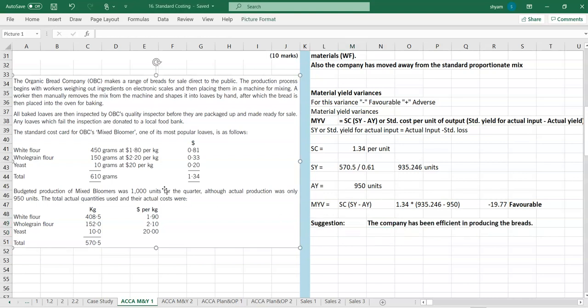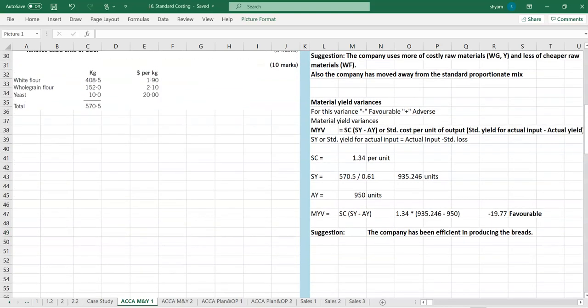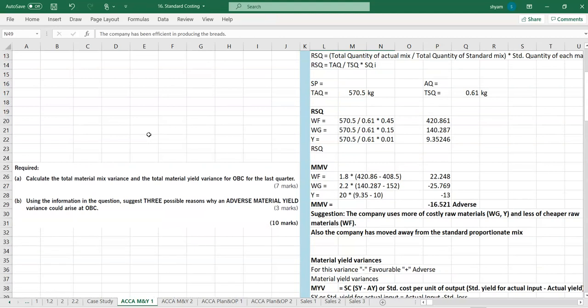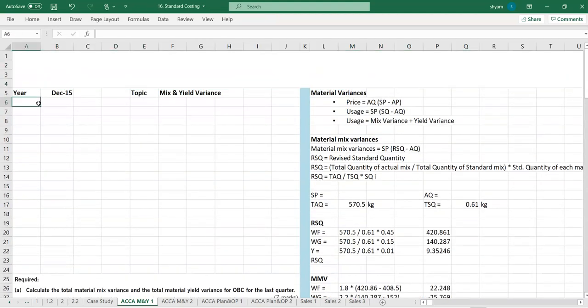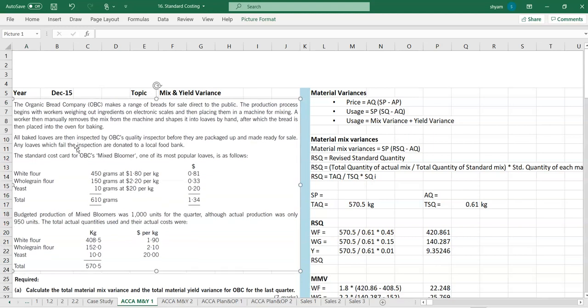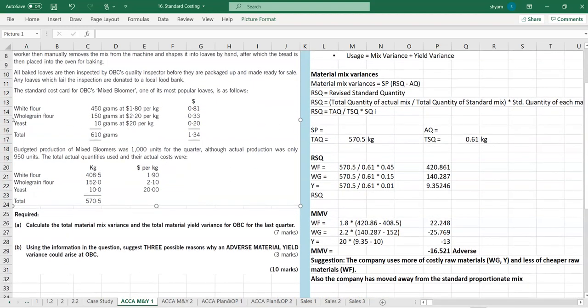So what about the balance three questions? The balance three questions are: using the information in the question, suggest three possible reasons why an adverse material yield variance could arise.